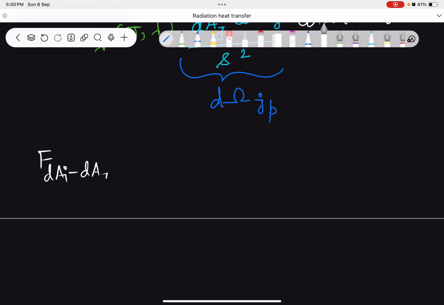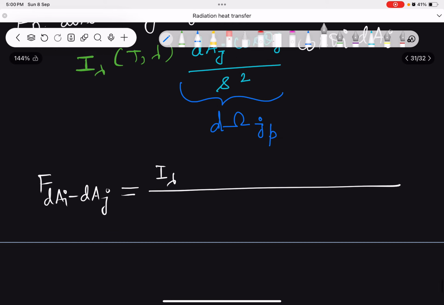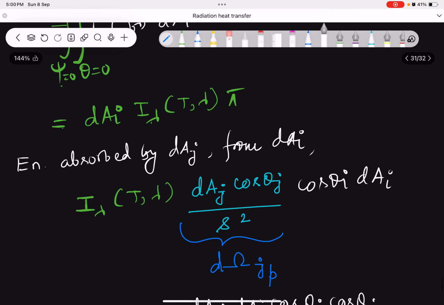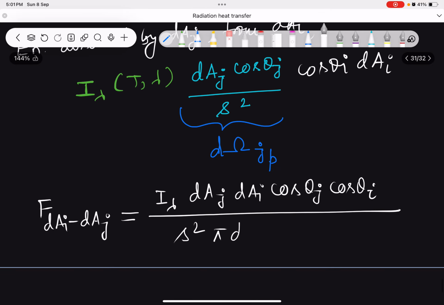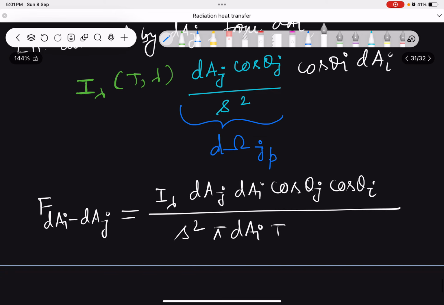So then my F dAi to dAj becomes what? Your I lambda, a function of t and lambda, I am not writing that again, dAj dAi cos theta j cos theta i by s square, and this whole thing over pi dAi I lambda.